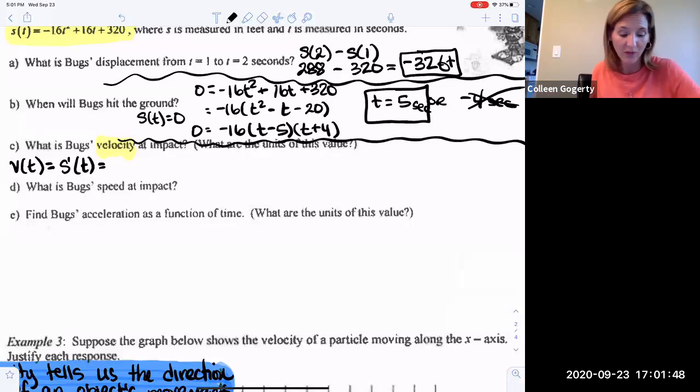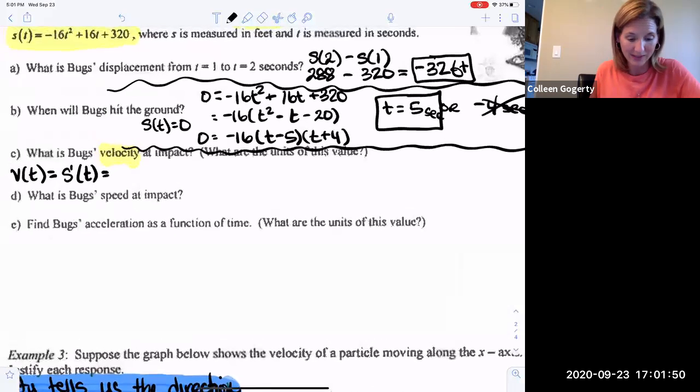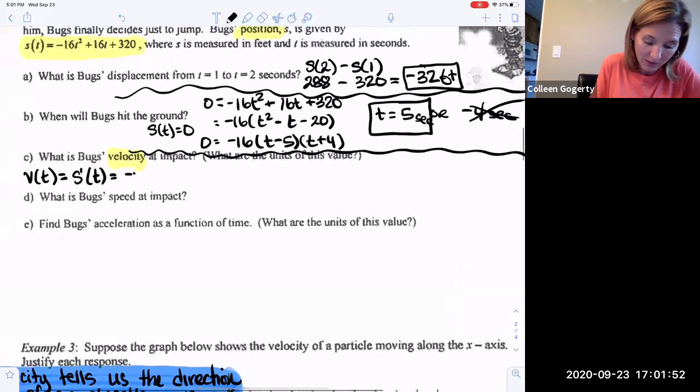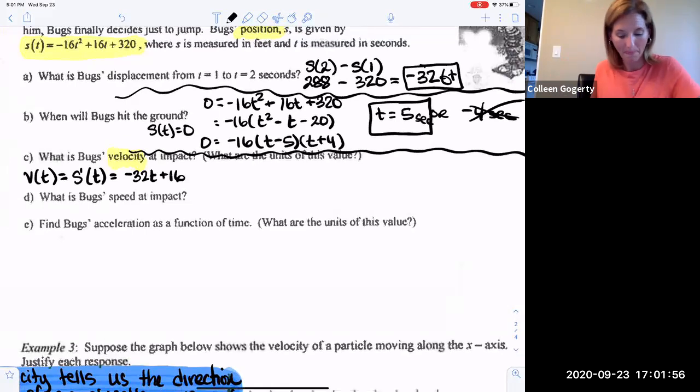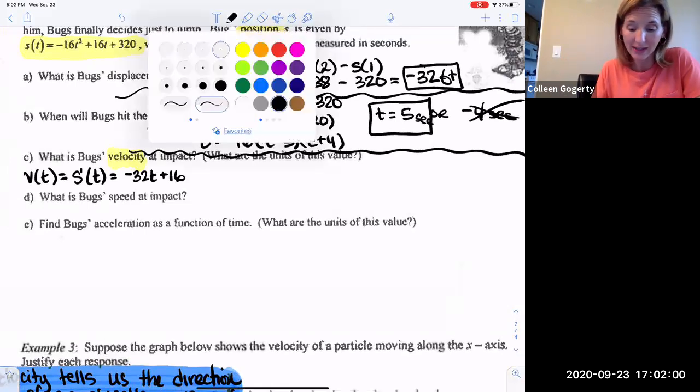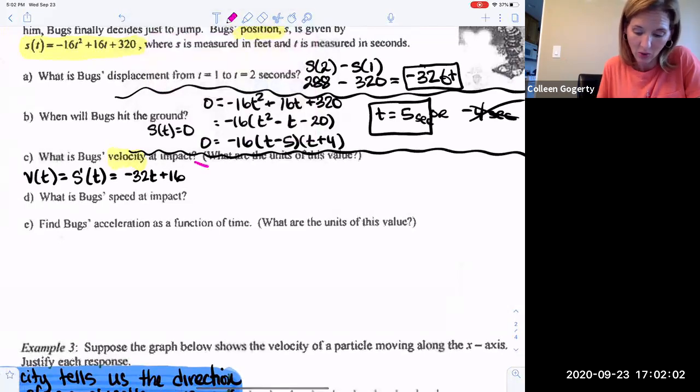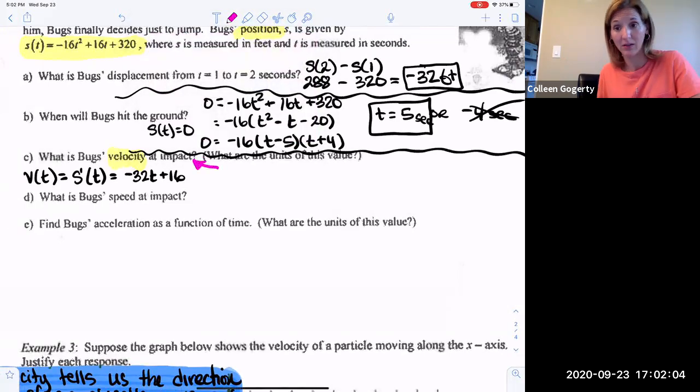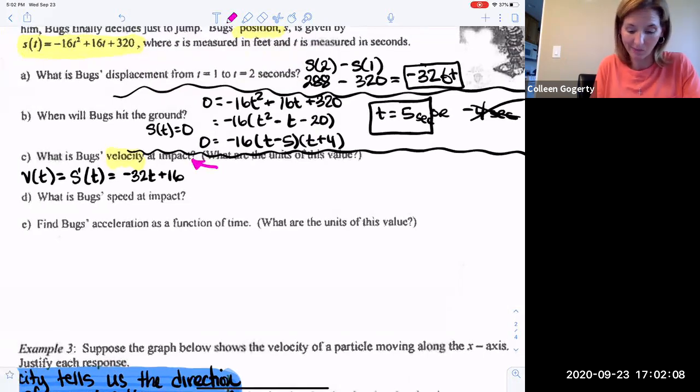So I need the derivative of -16t squared plus 16t, and that is going to be -32t plus 16. Okay, now that doesn't answer the question yet, because that's just telling us the velocity function. What does impact mean? This impact. That means when Bugs hits the ground.